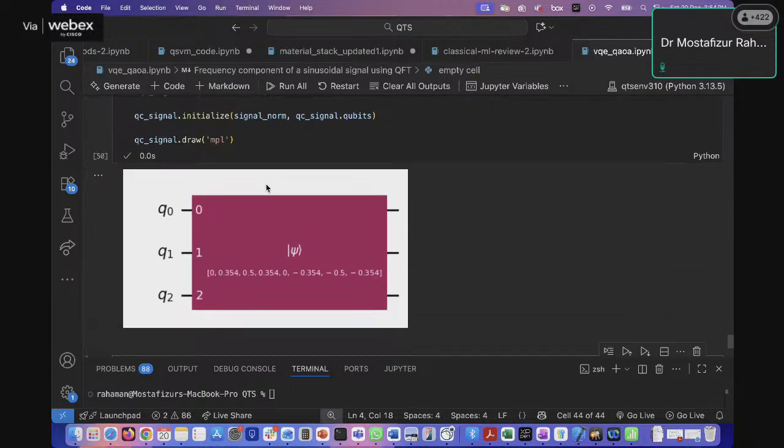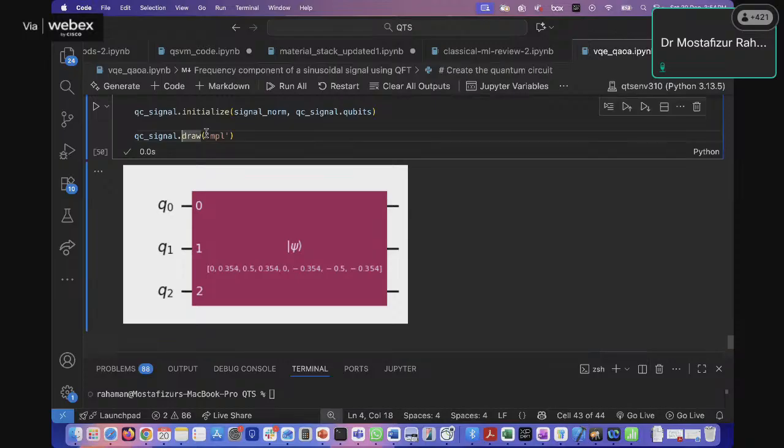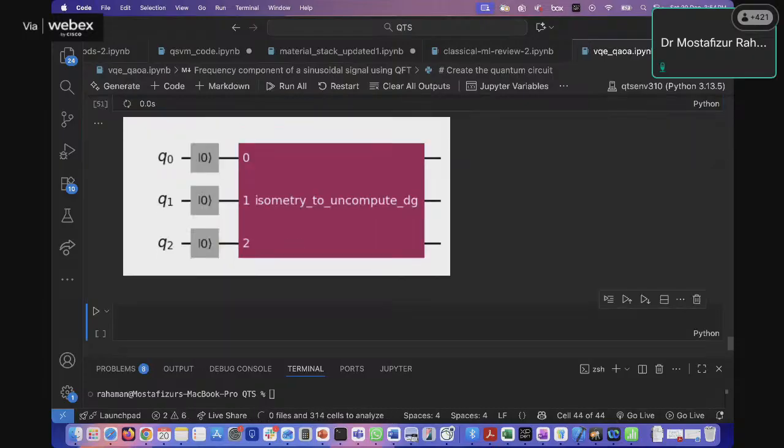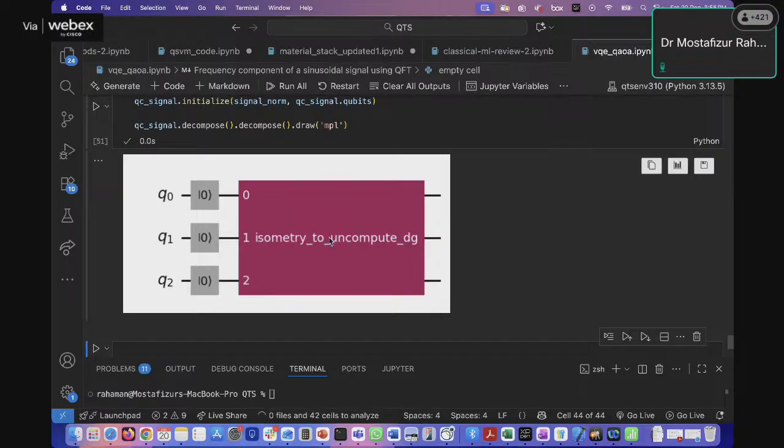This is a very efficient encoding in qubits. It can encode exponential data, 2 to the power n data in n qubits, but it requires a huge number of quantum gates to do that. If you decompose this circuit and see how it is doing it, you see there are lots of operations.